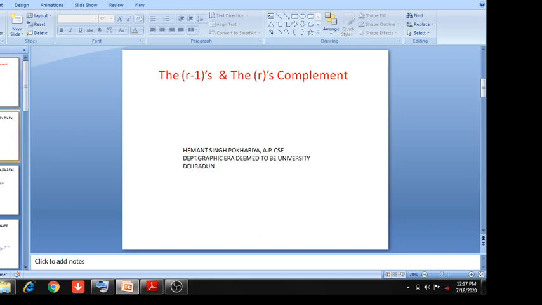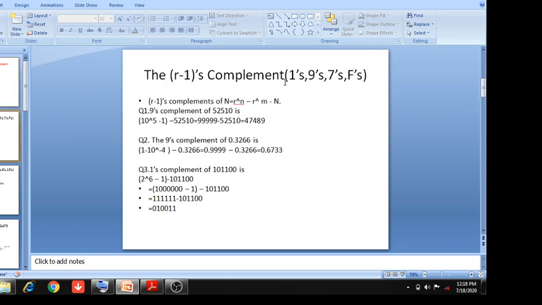Okay, this is your r minus 1 complement. R minus 1 means radix is r, there can be base 2, base 10, base 16, and r minus 1 means 1's complement, 9's complement, 7's complement, f's complement. How f's complement came? 16 minus 1 is nothing, it is f's complement.